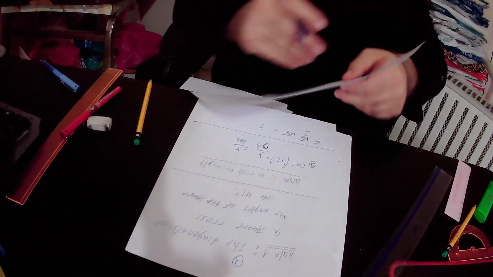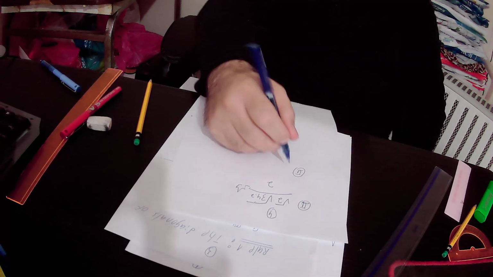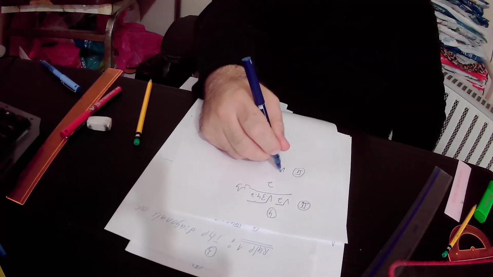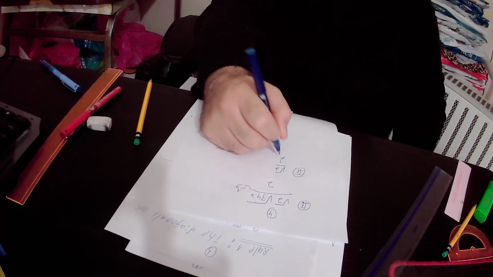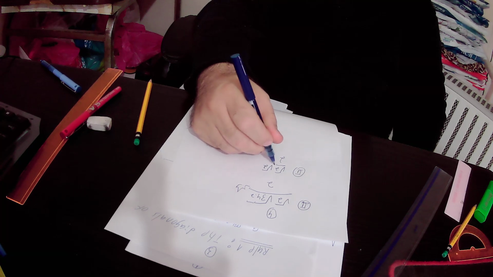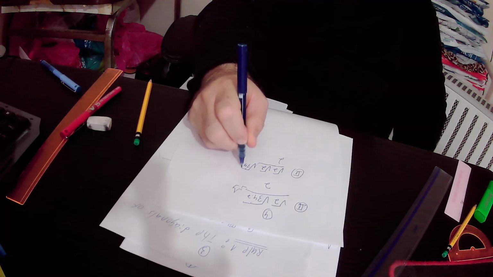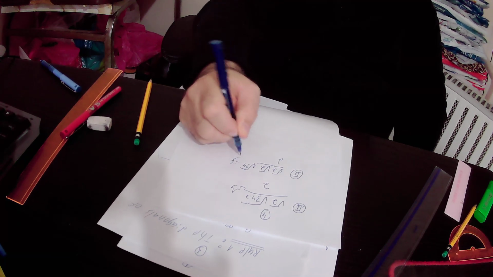So we will get that root 2 over 2 times root 2 times root 34 equals y.